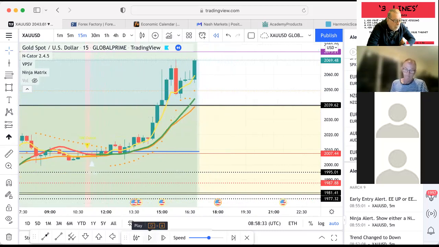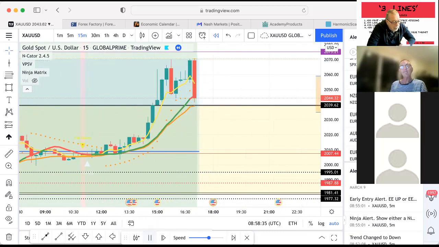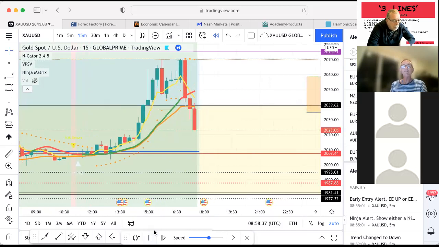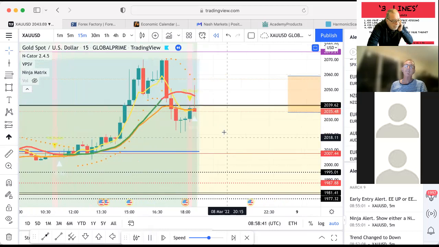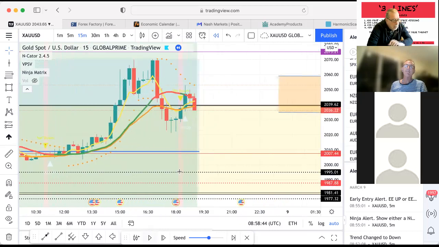And I didn't trade after that, but let me just run it through and explain why I didn't trade after that. So when it reached that high, it almost touched the higher high, the highest ever high, 2075.